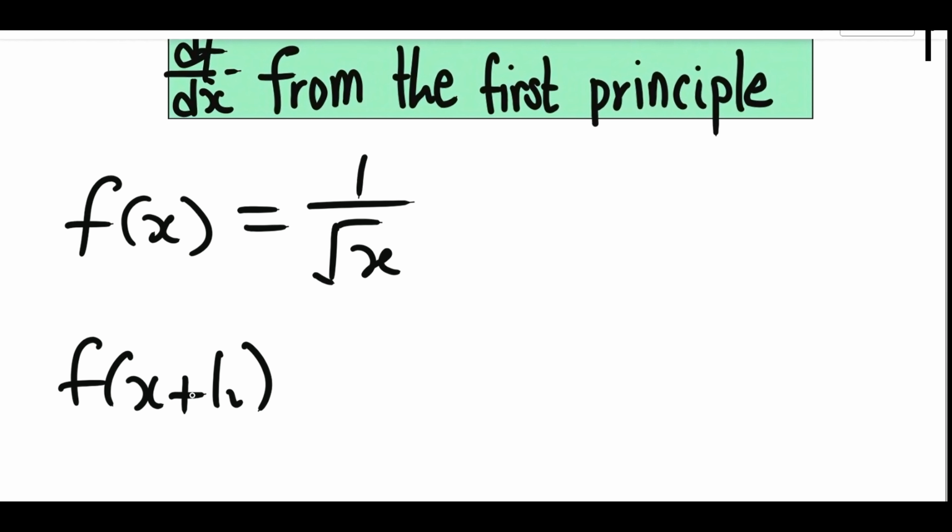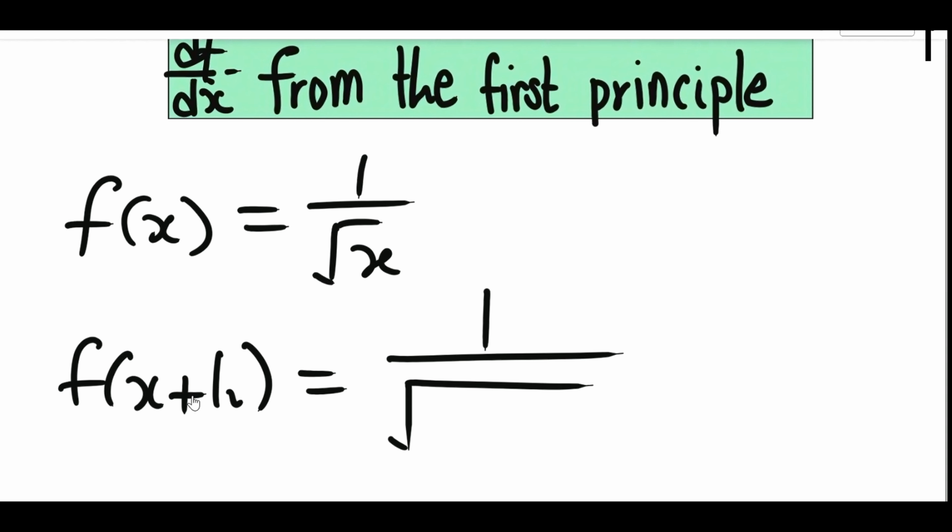So we are dealing with a small increment h. So we have f of x plus h to be 1 divided by the square root of x plus h. Wherever you see x in the original function, you plug in x plus h. So since we have x inside the square root, we are going to replace it with x plus h.